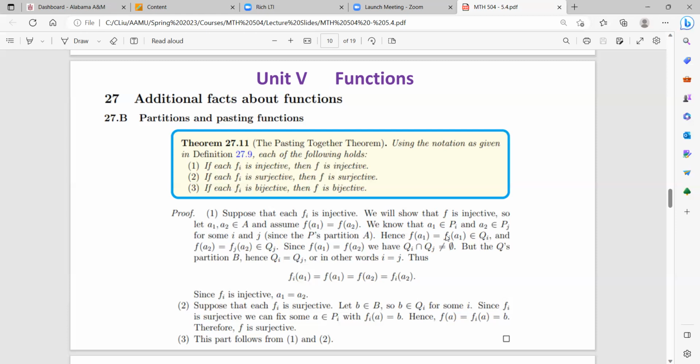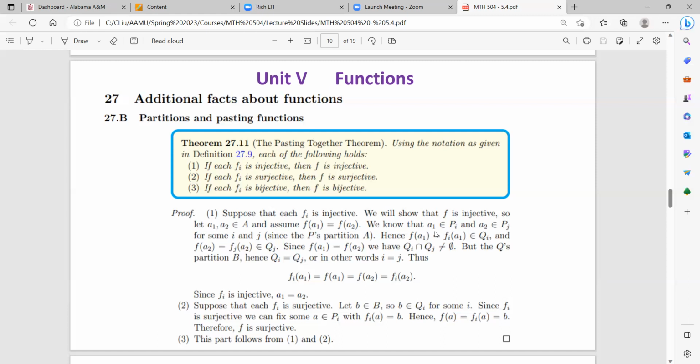So, well, because we have assumed that f(a1) equals f(a2), and obviously from the pasted function, this f(a1) is just f_i(a1), which is in Q_i. The function f_i is from P_i to Q_i.